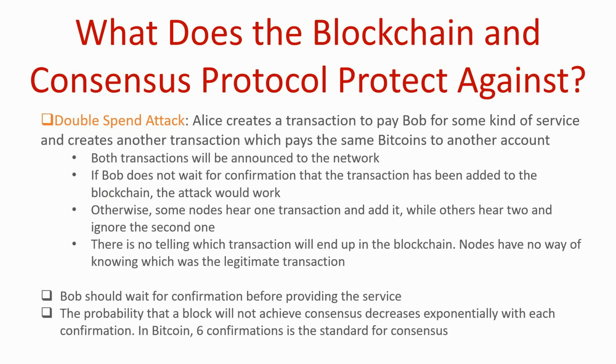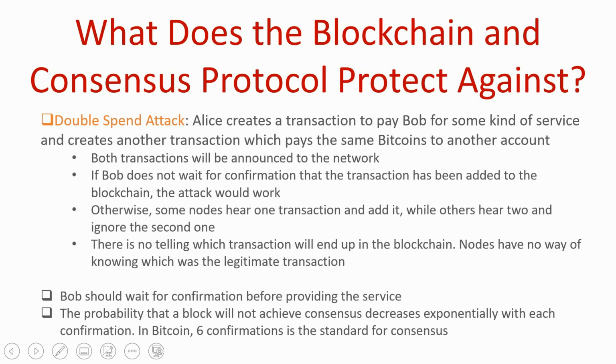Now let's take a look at the double spend attack, which is, as we said, the most important one in cryptocurrencies. So can we execute a double spend attack using this distributed consensus mechanism? Let's consider this scenario. Alice creates a transaction to pay Bob for some kind of service. Let's say Bob has a website and Alice wants to download software from Bob. So Alice sends Bob some Bitcoin, for example, and now Bob should give Alice a link to download the software.